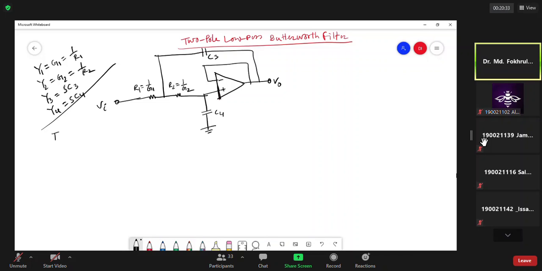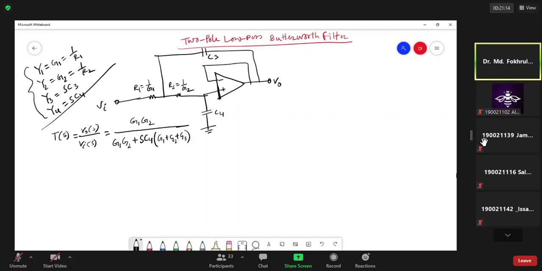From our previously developed transfer function, we can directly get the transfer function here. V0(S) divided by Vi(S) is equal to, if we replace Y1, Y2, Y3, Y4 in this way, G1 G2 divided by G1 G2 plus SC4 into G1 G2 plus SC3.